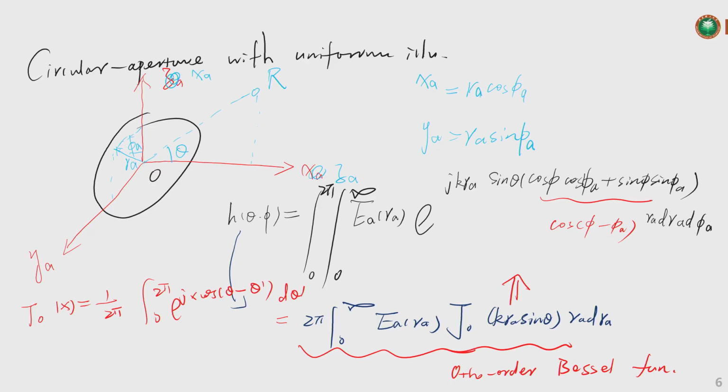And so when we look at this part, k times RA sin theta, which corresponds to the rectangular aperture, it looks like k times Lx, times sin theta, all right?